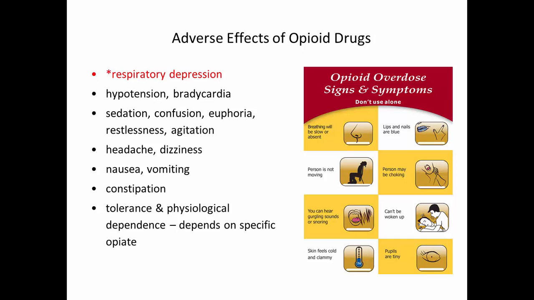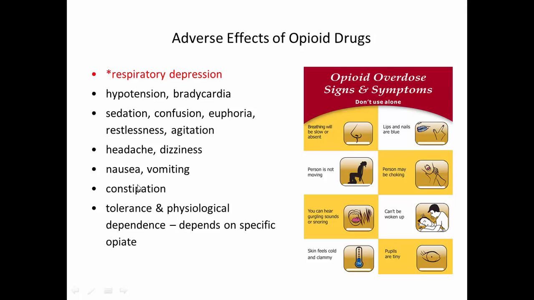If you mix other drugs that have those similar effects, then that can compound that risk. So if you mix alcohol or any other drugs that depress the respiratory system and opioids, then that can cause fatal respiratory depression. There's a number of other side effects: low blood pressure, slow heart rate, headache, dizziness, nausea, vomiting.